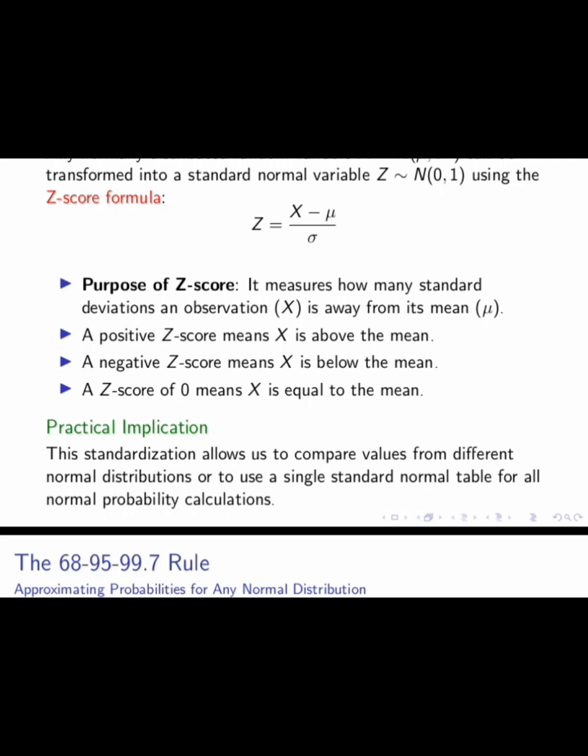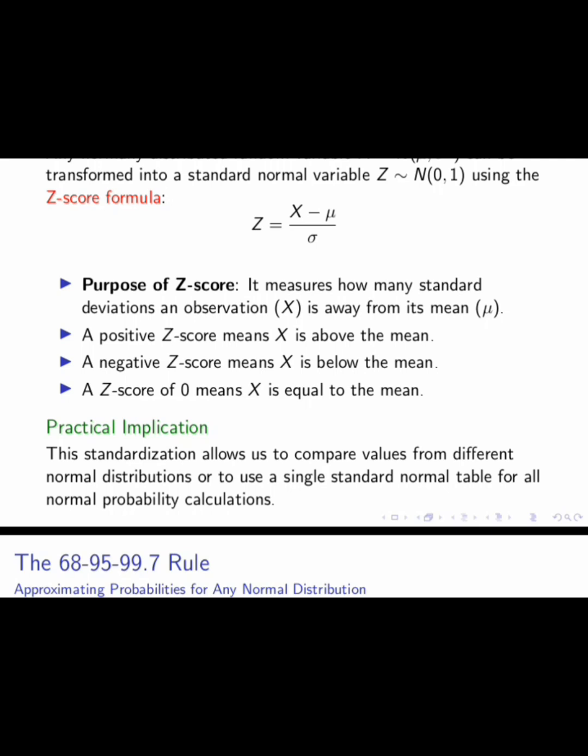What is a z-score? A z-score is what we extracted from the normal distribution, the power of the e value, down to a standard normal distribution. It is x minus the mean divided by the standard deviation.